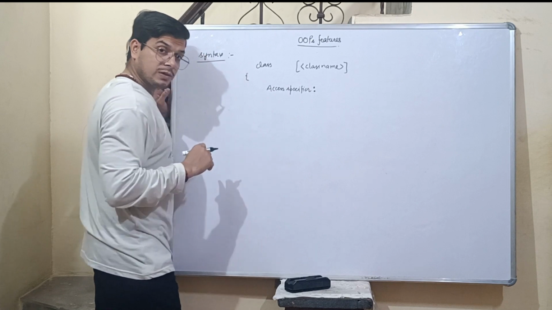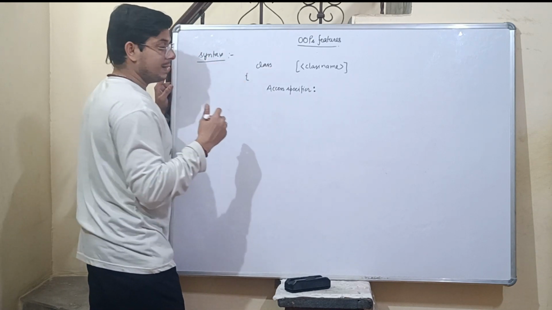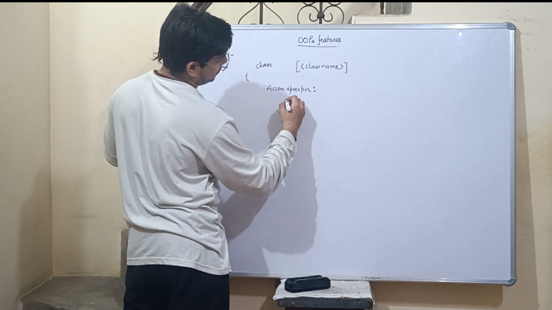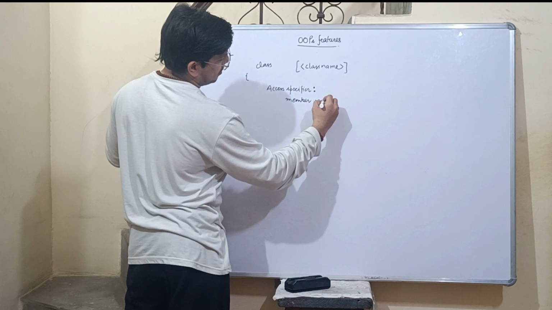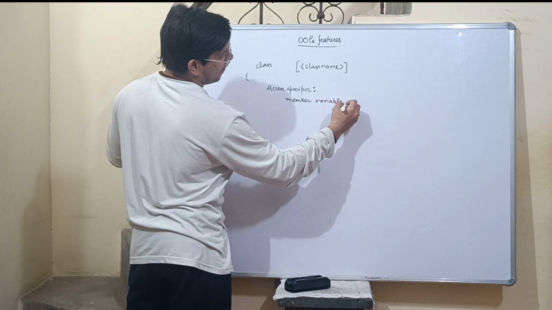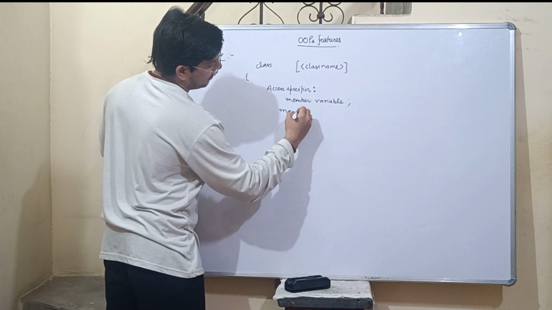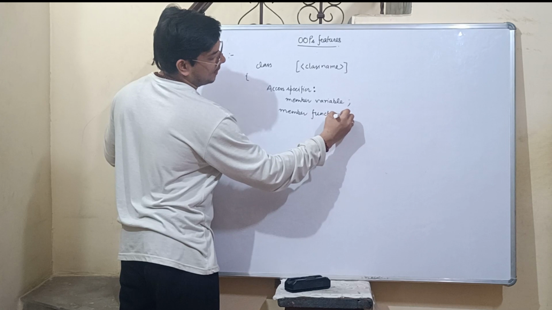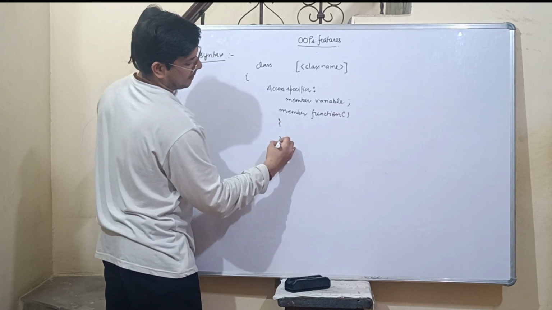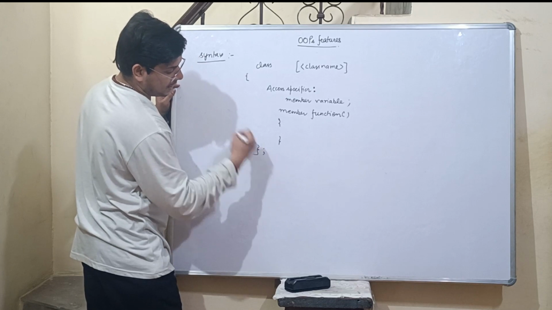So access specifier private, public, protected, colon, and then member variables, functions, and a class always ends with a semicolon.